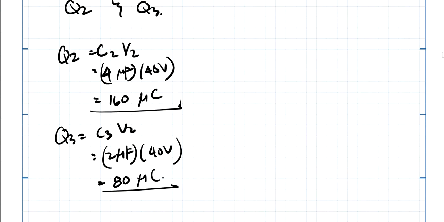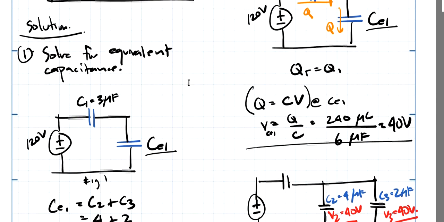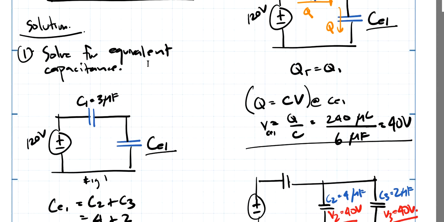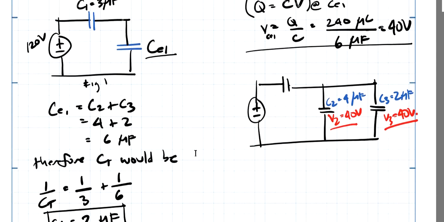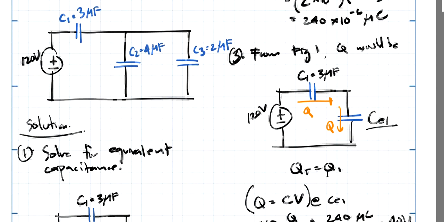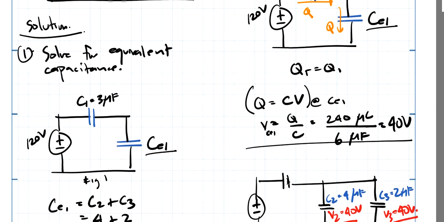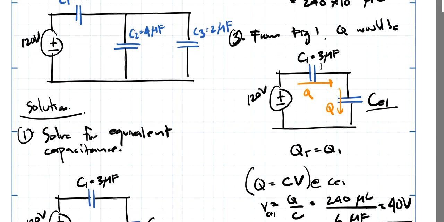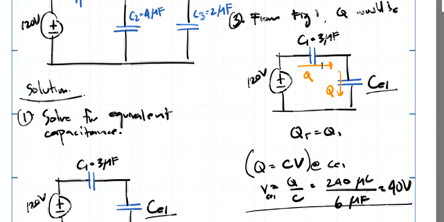Okay, so in summary, we are asked to find the voltage across and charge on each capacitor. First we solved for the equivalent capacitance. After finding that, we can solve our way back: solve for Q, and then we can solve for the voltage in each capacitor. We haven't solved for the voltage here yet, but you can still solve it.